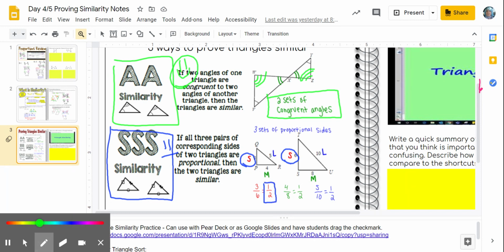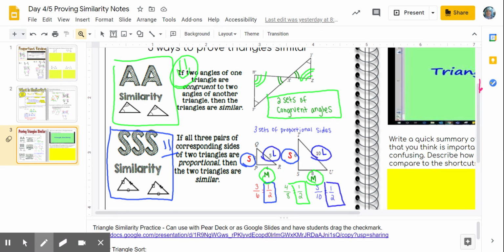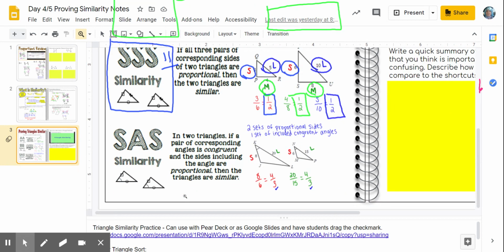And then we've got to do medium and medium. And we reduce that fraction. And then we do large and large. And we reduce that fraction. Okay, so we're going to do 3 sets of fractions, find the decimals or the fractions, and make sure that they're all congruent. Okay. Last one is side, angle, side.